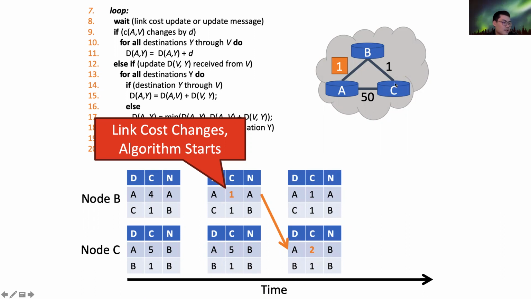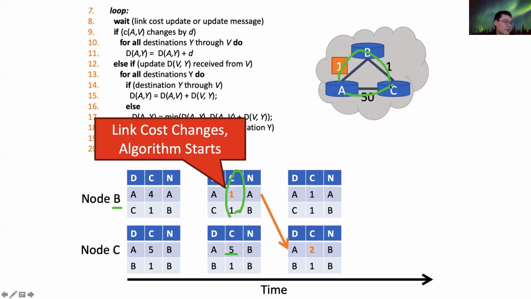Let's look at C. C will receive this distance vector from B. But C previously has a value of 5 to it. If you look at C previously, this is 5, which is 1 plus 4.